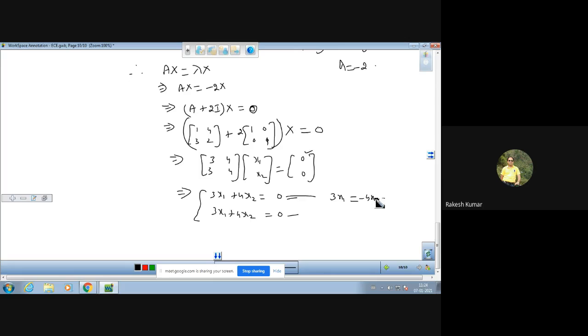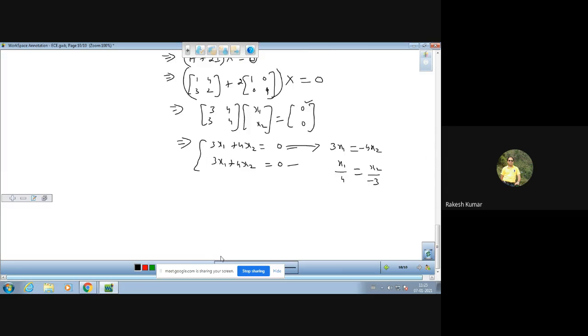3x1 is equal to minus 4x2 can be written like this: x1 upon 4 and x2 upon minus 3. This goes to its denominator and this goes to its denominator. So these are the proportionate values of x1 and x2. x1 is proportional to 4 and x2 is proportional to minus 3.